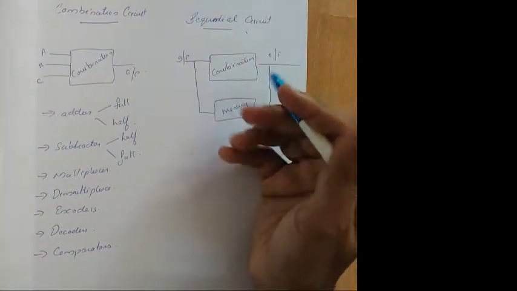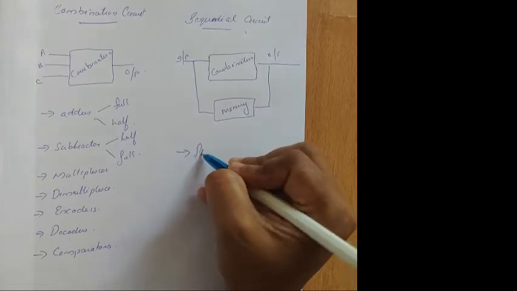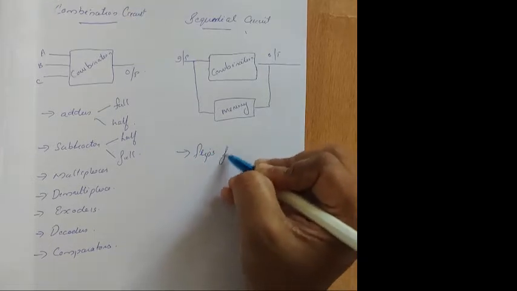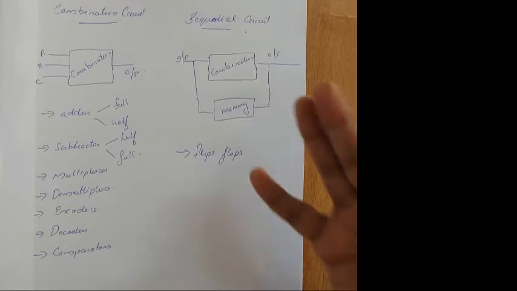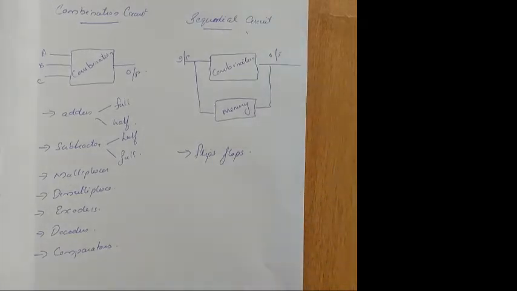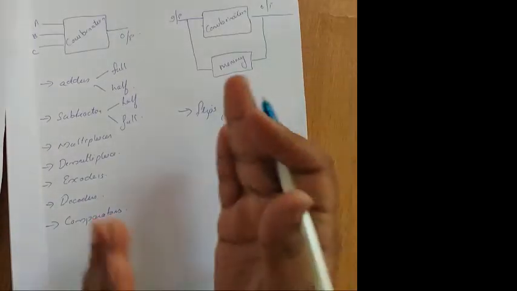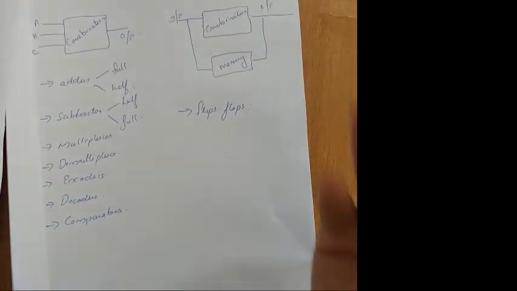Now, in the sequential circuit, as it consists of a memory element, they are classified as flip-flops. In this, we have to understand the characteristics and excitation table of a flip-flop, how you can convert from one flip-flop to another, and the different types of flip-flops.